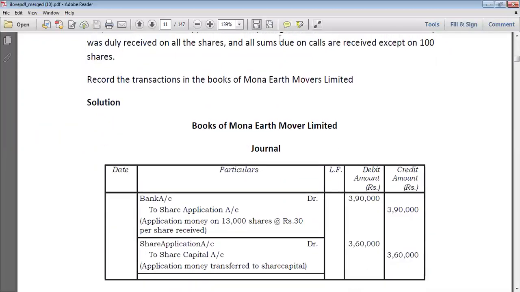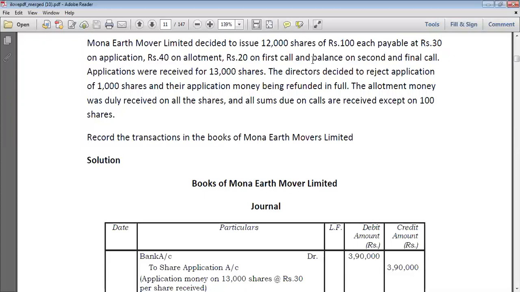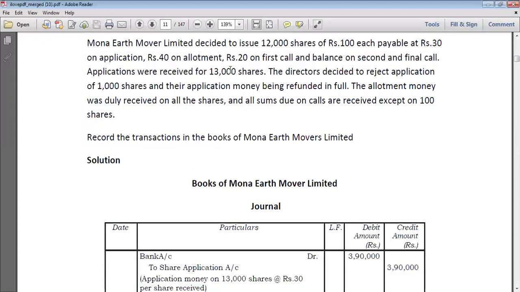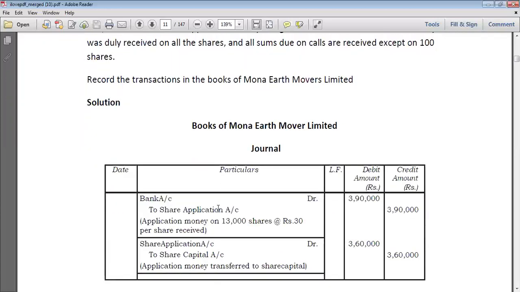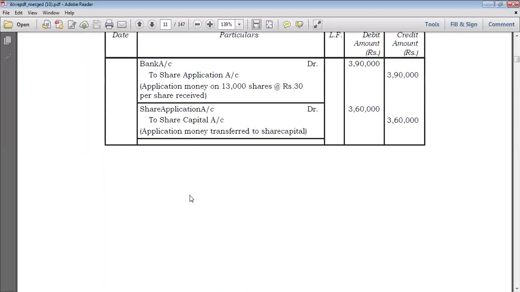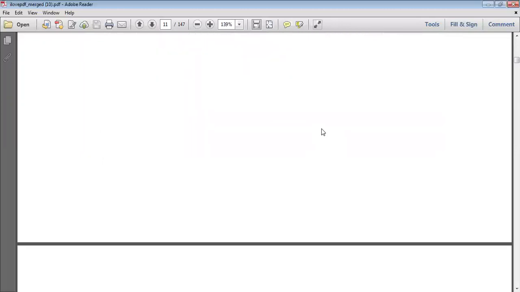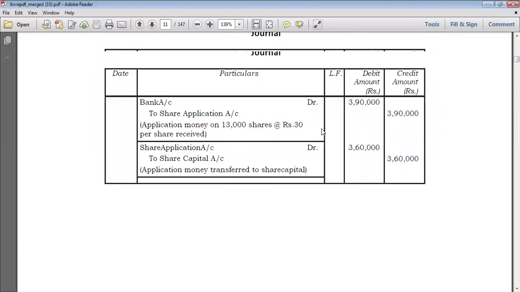So we have to return the excess application money on 1,000 shares. First entry: bank account debit to share application, 13,000 multiplied by 30, that is 3,90,000.